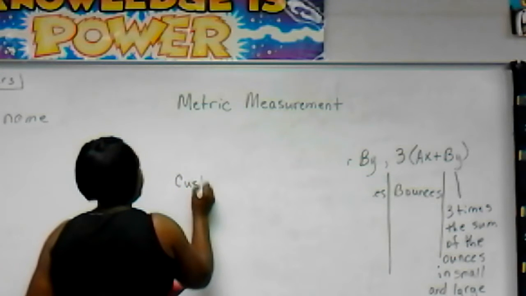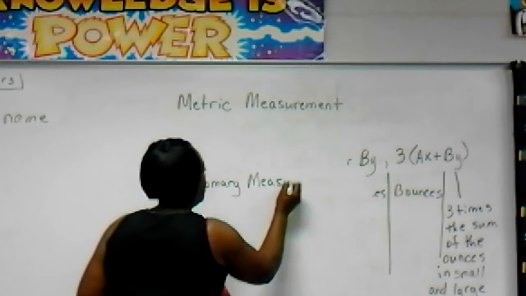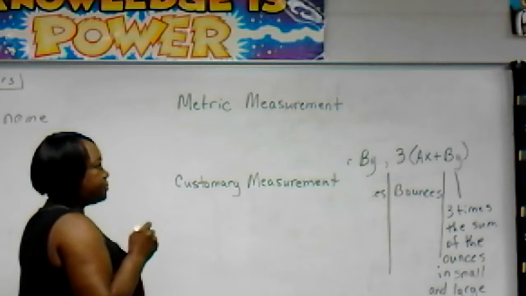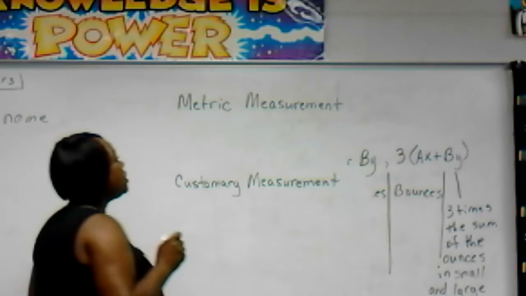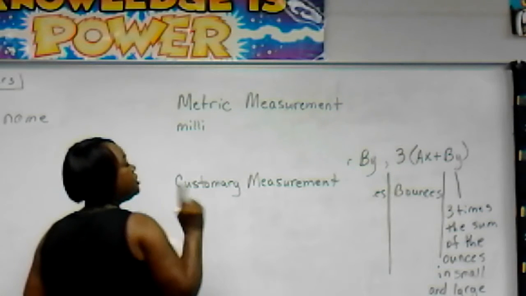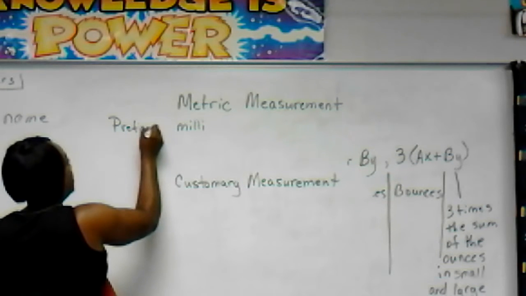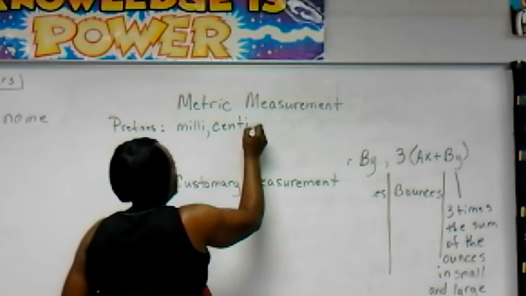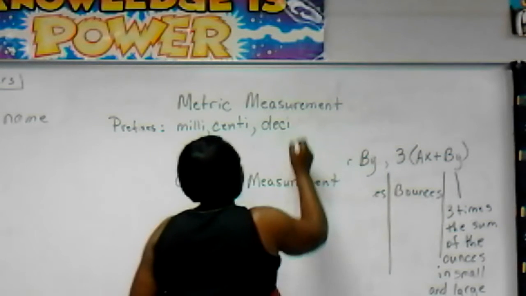Metric measurement is used in the British system. With metric measurement, you hear terms like millimeter, or let's just deal with the prefixes first. Milli, centi, deca, or let's do deci first.